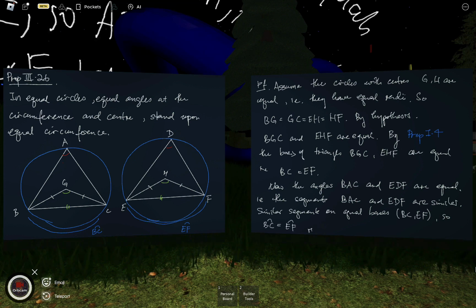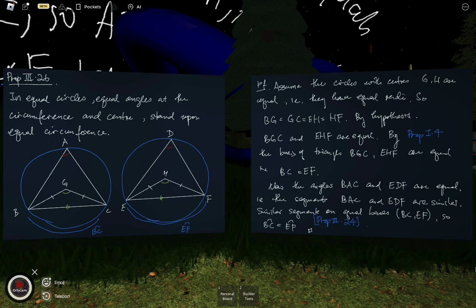So really, the proposition. Dan, can you remind me what the number is for the proposition? This is 24, right? Similar segments of circles on equal straight lines are equal to one another. Yeah, 24. Right. So this is 24. And the segment we're talking about is BAC and EDF. So that's in the diagram the bigger bit.